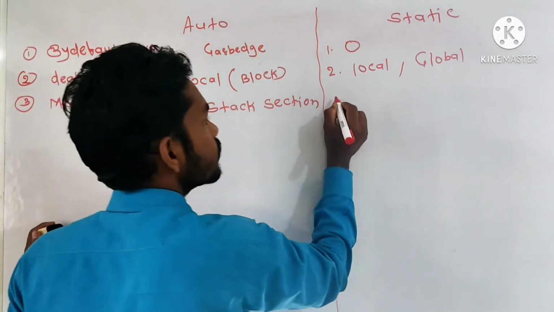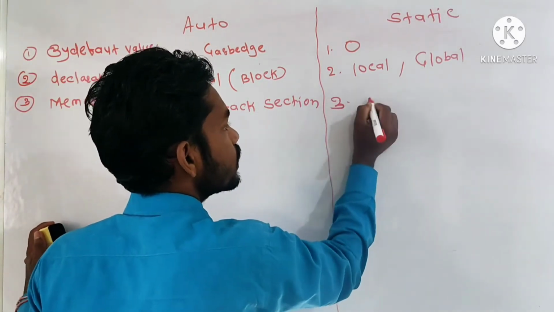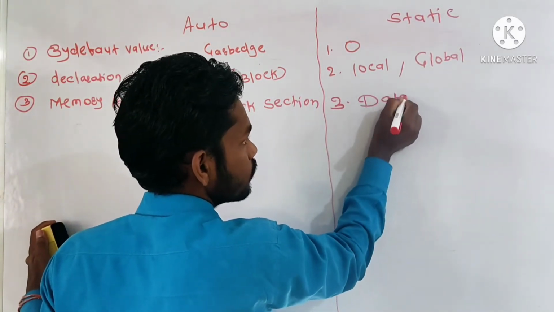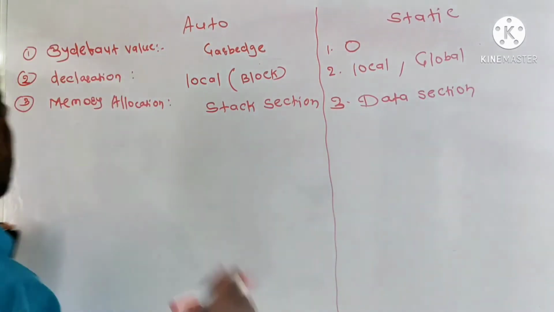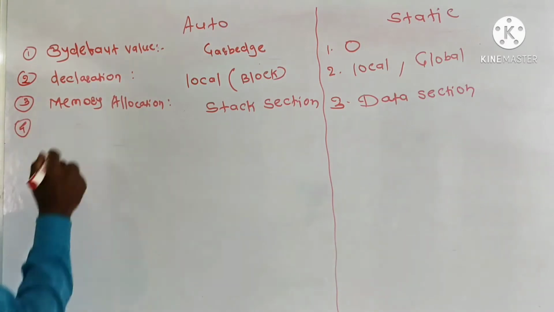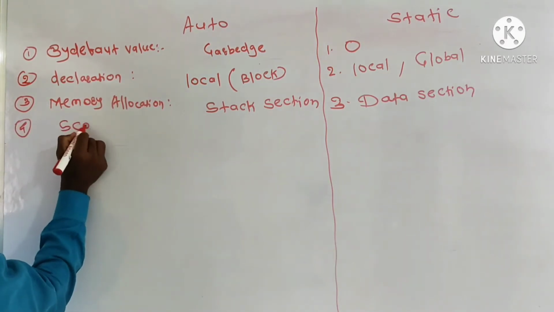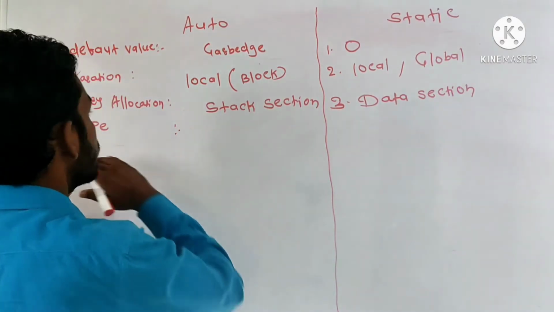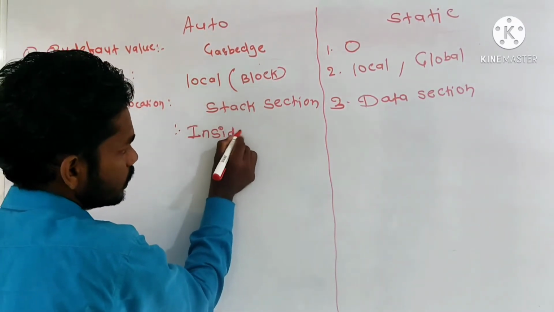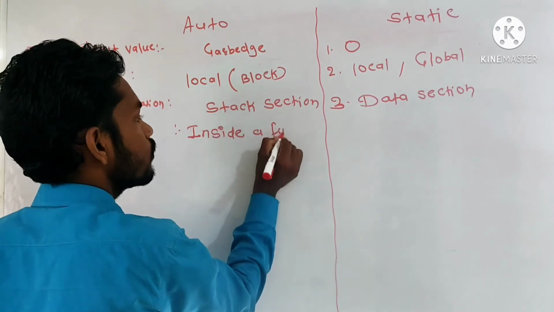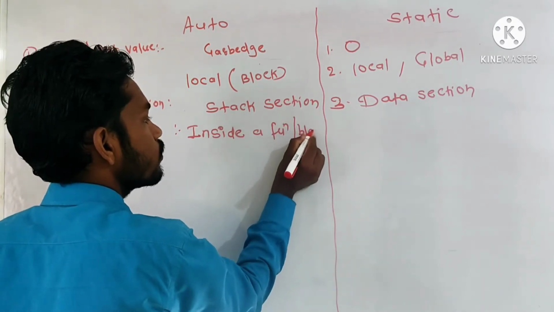But in case of the static variable, memory is allocated inside the data section. Okay. Now fourth point, the scope of the variable. The scope of the auto variable is inside a function or a block.